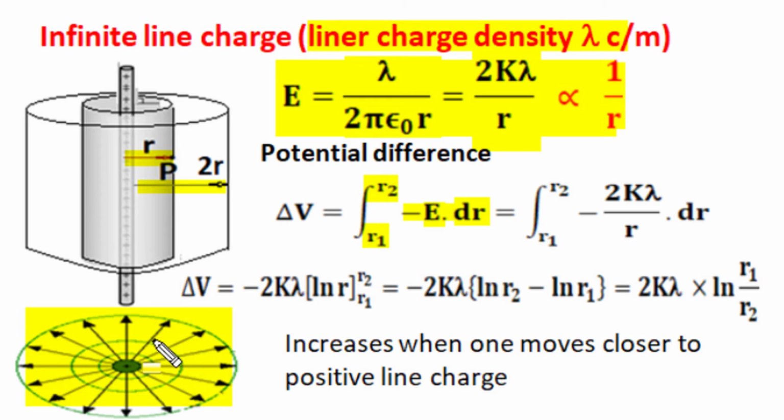So against the radial electric field, when we move from a far away position to a closer position, the elemental work when integrated with limits will result in potential difference.